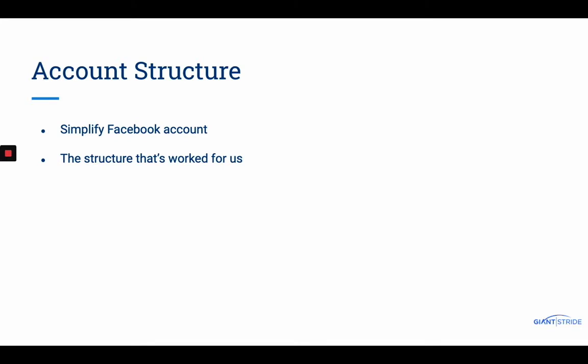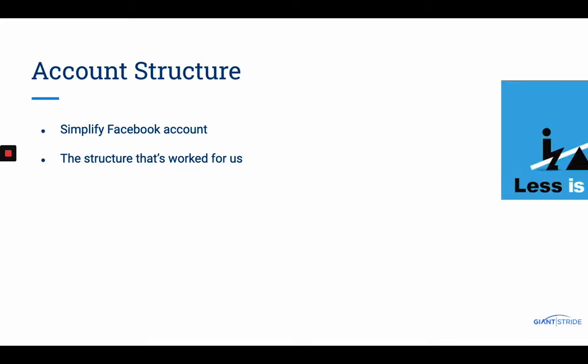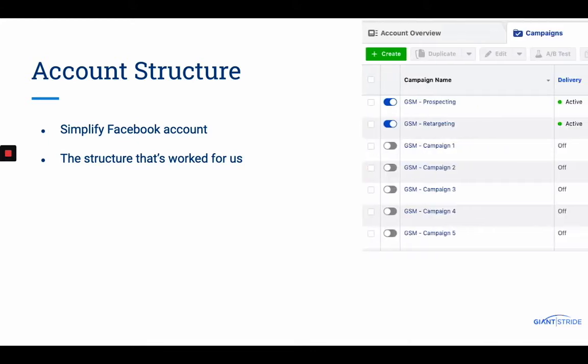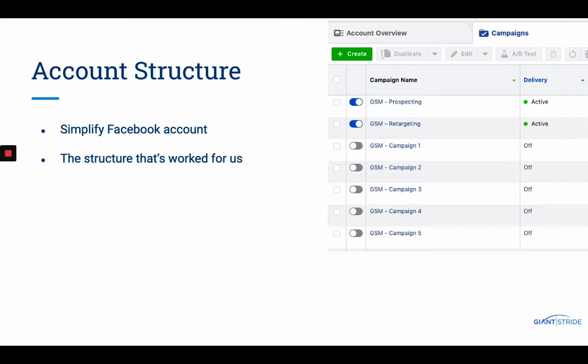So in essence, to get the best optimization results from the algorithm, I found that consolidating account data across just 2 conversion campaigns can work really well. I must say, there's no hard and fast rule on the number of campaigns to set in your account, but the general thrust of this message is less is more. Here's the structure we're currently using at the agency.